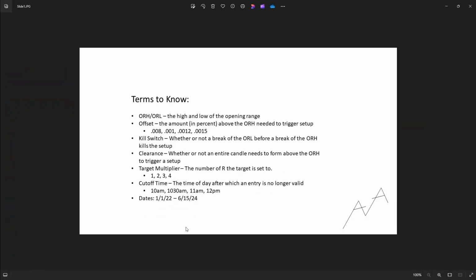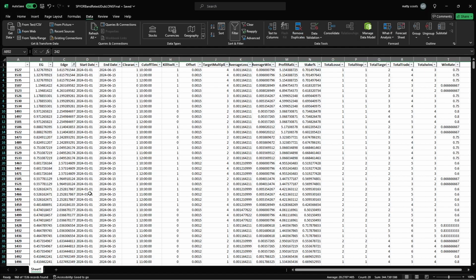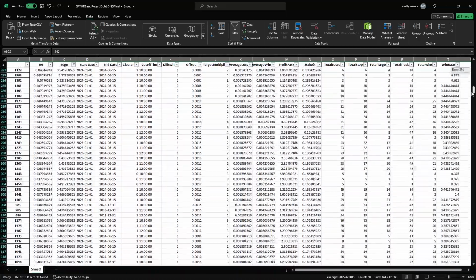What I mean by that is it tests this 0.08% offset with the kill switch on and the kill switch off. And in each one of those, it tests the same with clearance on, clearance off. In each one of those, it tests each target multiplier, each cutoff time, plus the different date ranges. That's where you end up with an absurd amount of data.